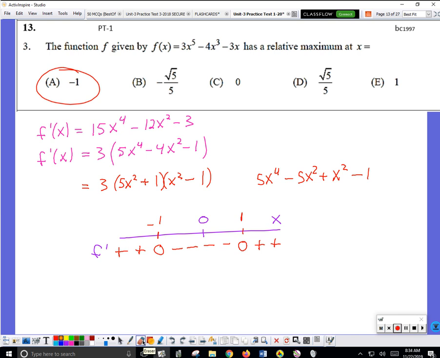Hold on a second. Were you comfortable with the choice of 5x squared and x squared?